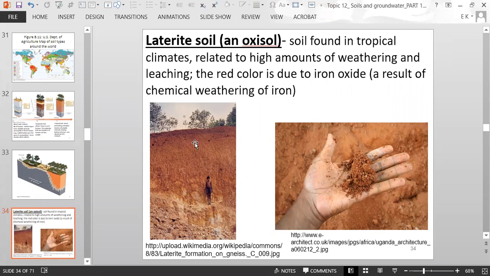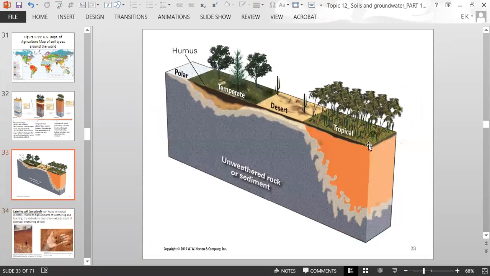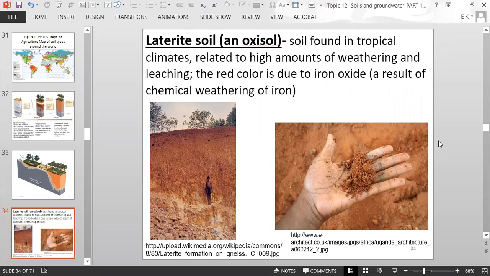Okay, so this is actually a laterite soil. And then in this diagram, you see that's why they show it in orange, very thick. Okay, so very thick orange. So when this type of soil is dry, it's actually really hard. So farming is not going to be that easy in this type of soil.